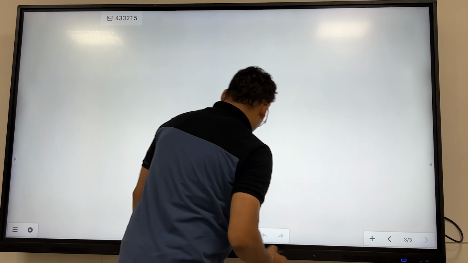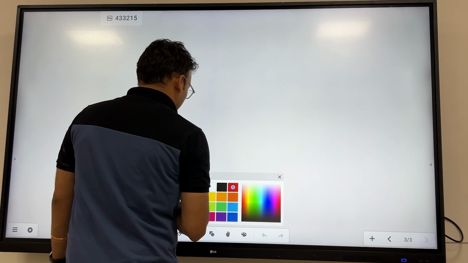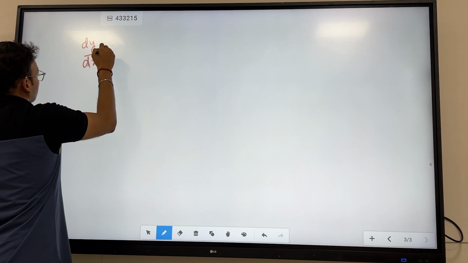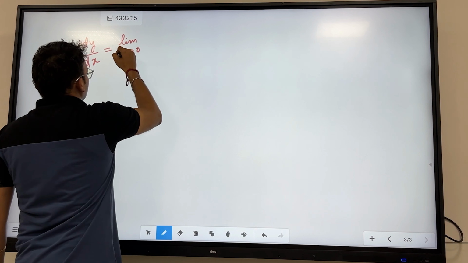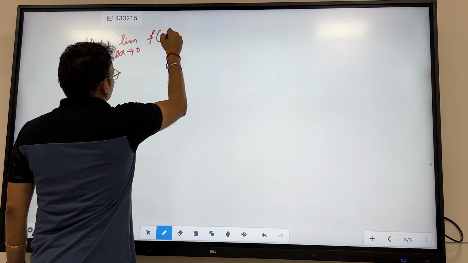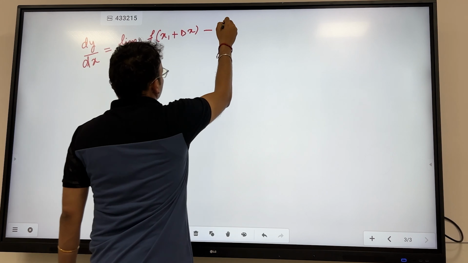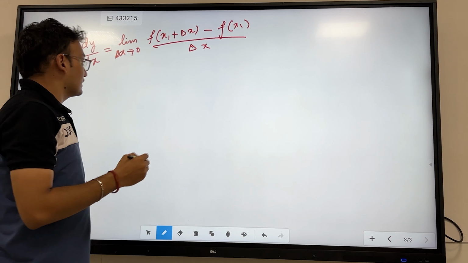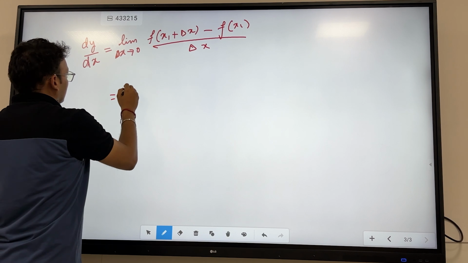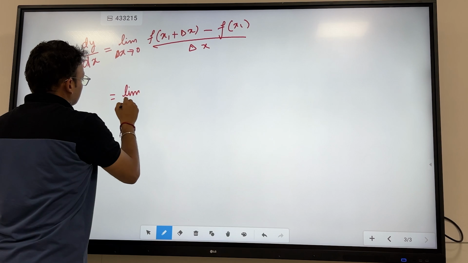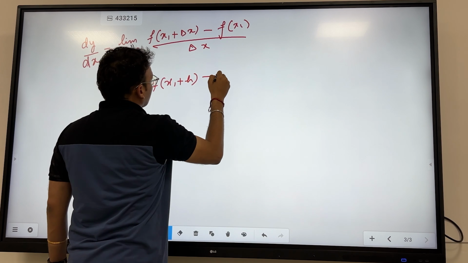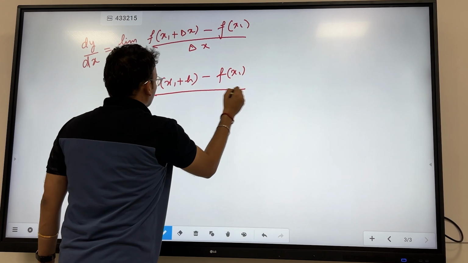Now, moreover, I can say that dy over dx can be written as limit delta x tends to 0 of f of x1 plus delta x minus f of x1 divided by delta x. This is the instantaneous rate of change, and I can also write it as limit h tends to 0 of f of x1 plus h minus f of x1 divided by h.